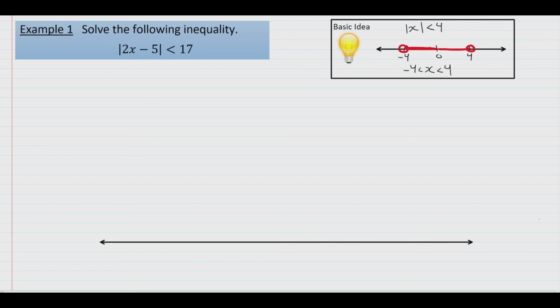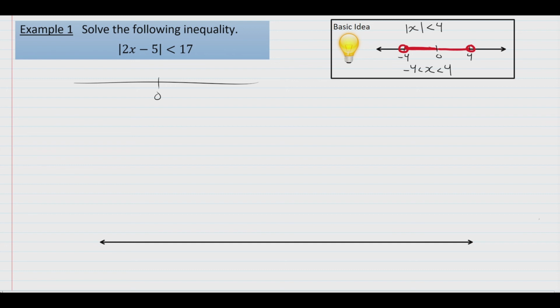Now the same idea applies to our example here in example number 1, except we're not talking about x's distance from 0 because we're not talking about the absolute value of x. We're talking about the absolute value of 2x minus 5. So if 2x minus 5's absolute value is supposed to be less than 17, what that means is 2x minus 5's distance from 0 has to be less than 17. So again, take a quick look at a number line here.